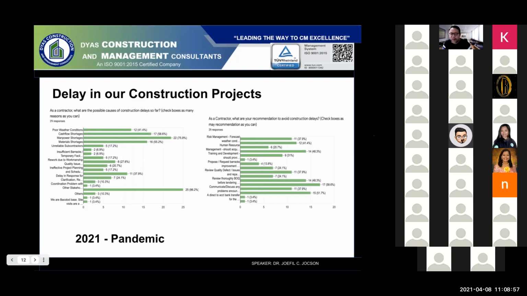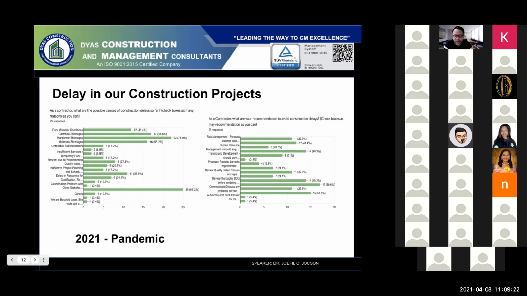Hope na na-capture natin yung ganitong process. At sa next survey natin, hindi na lalabas yung ganito, because may nangyari ng collaboration due to this meeting natin or session. Yung mga hindi naka-attend na contractor, nako, sayang, hindi nila na-capture yung mga iba pang mga sasabihin, yung mga tips and techniques natin. Okay?